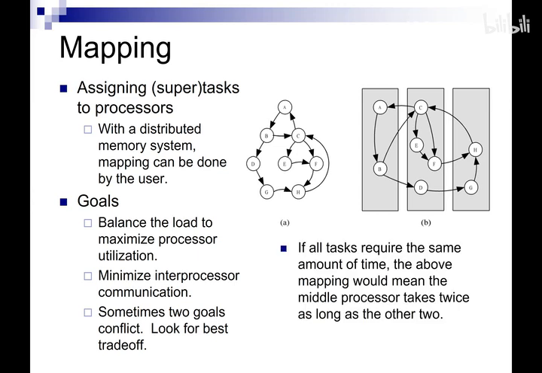Now if you look at this in terms of both load balance and communication: each of these circles represents some sort of computation, and if we assume that the computations all take the same amount of time, each circle has the same amount of computation, then you can see that this mapping is not really a good load balancing because, for example, the middle processor has twice as much work as the other processors.